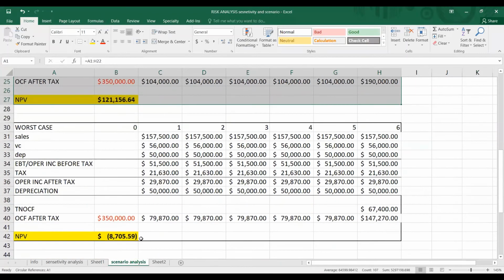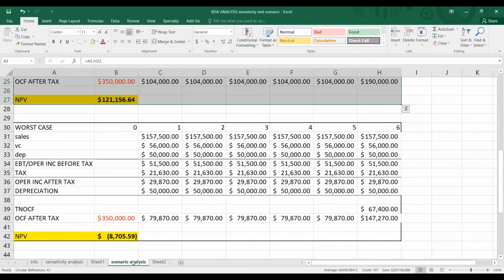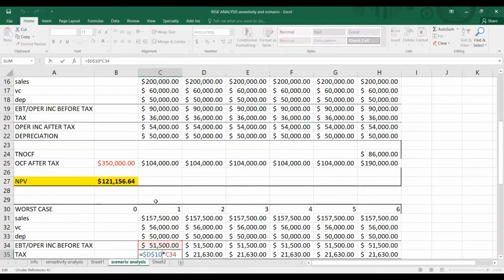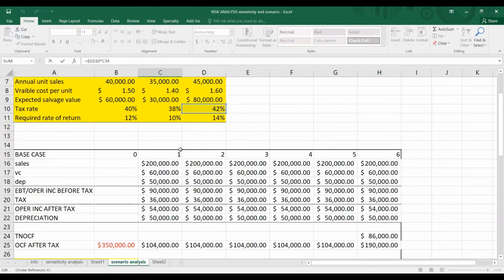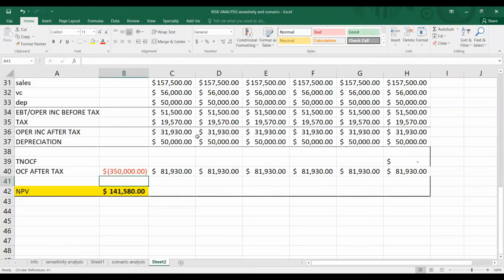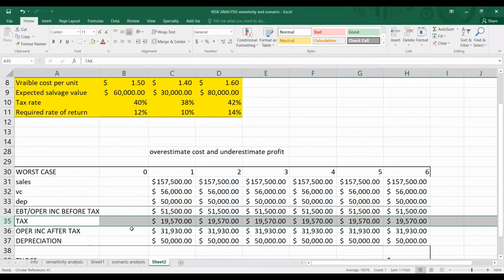There's something wrong. Yes. Here, I just increased the tax rate. Okay, that's why it doesn't match. But anyway, as I told you, the tax rate is set by the government, or in the cash flow projection, it will depend on the firm's company.